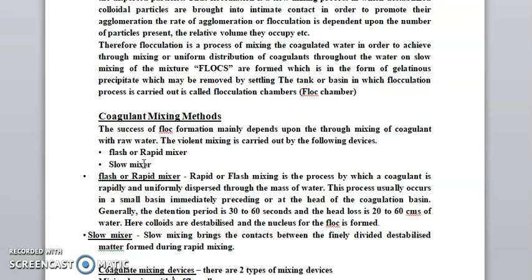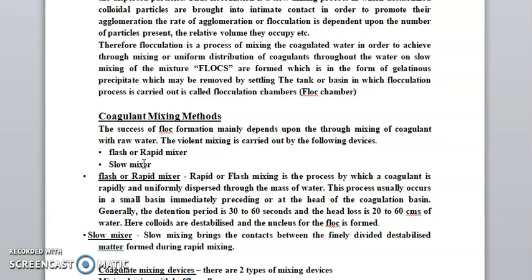The process is usually done in a small basin immediately preceding, or at the head of, the coagulation basin. Generally, detention time is 30 to 60 seconds and head loss is 20 to 60 centimeters of water. Here, colloids are destabilized and nuclei for the floc are formed.